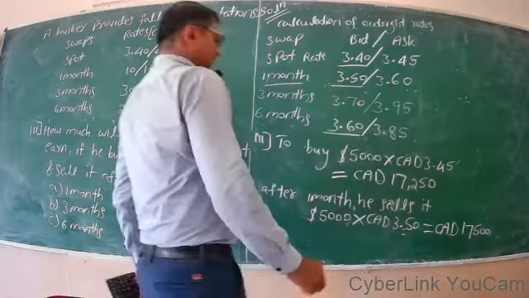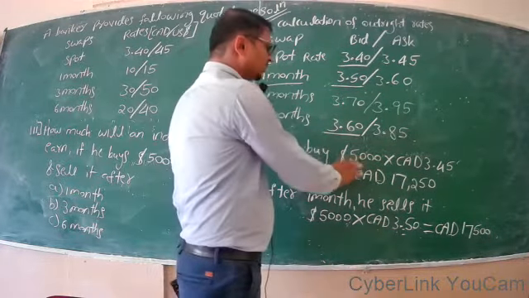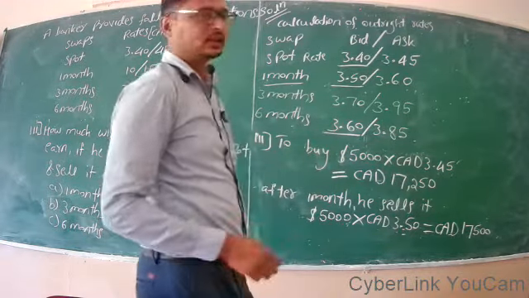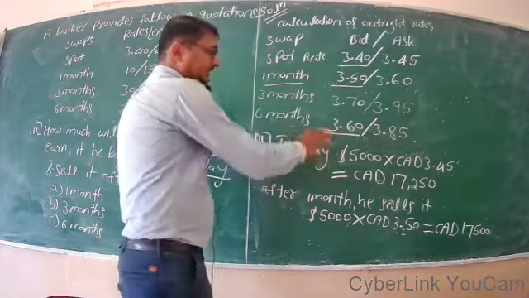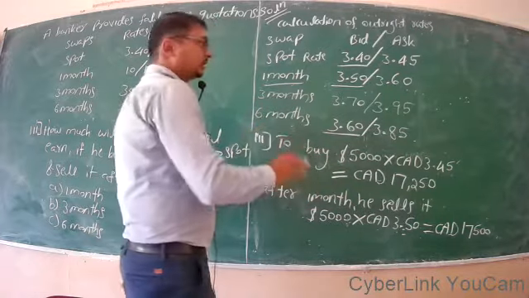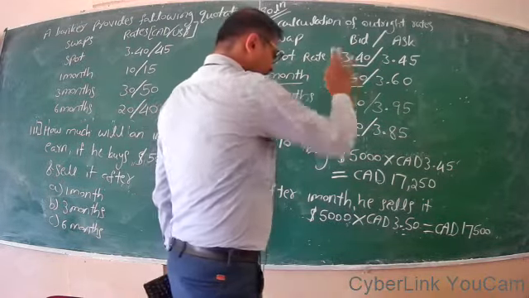That comes up to Canadian dollar 17,500. So he buys the 5,000 US dollar at spot rate for 17,250 Canadian dollar. He pays it to buy 5,000 US dollar, and he sells the same 5,000 US dollar after a month. So after a month, banker's buying price was 3.50.